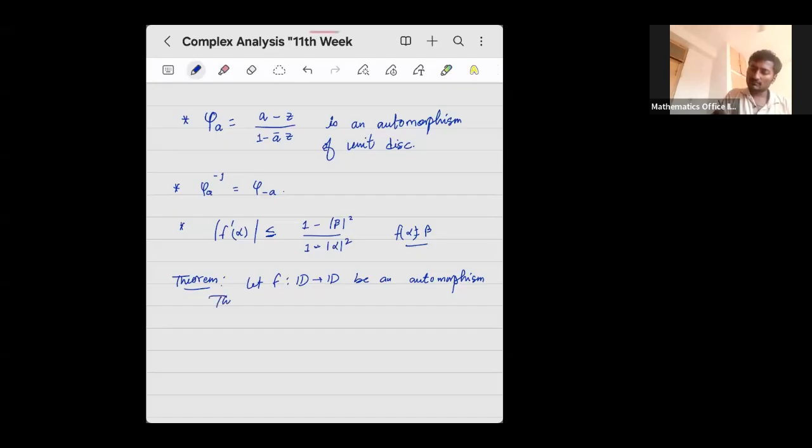Then there exist alpha inside the unit disk and lambda in the boundary of the unit disk, such that f of z is equal to lambda times phi of alpha of z. Here again we had seen the proof; using the Schwarz lemma it follows directly.